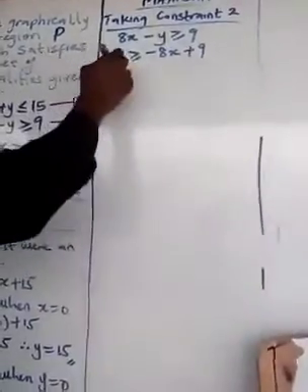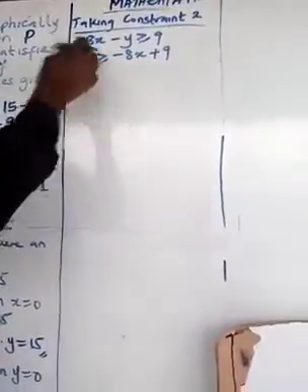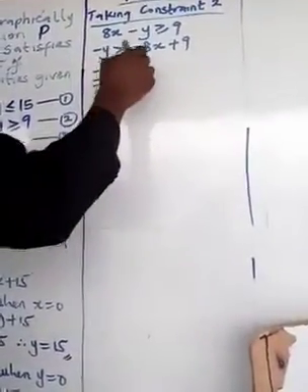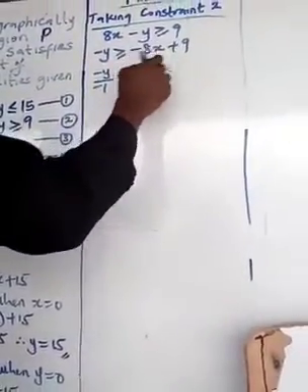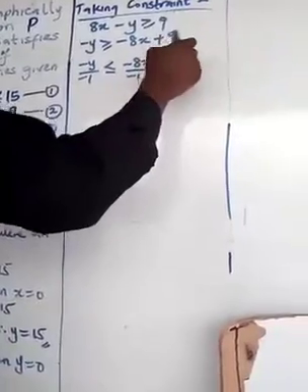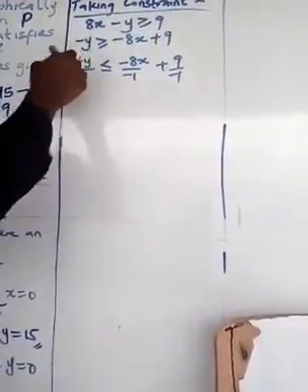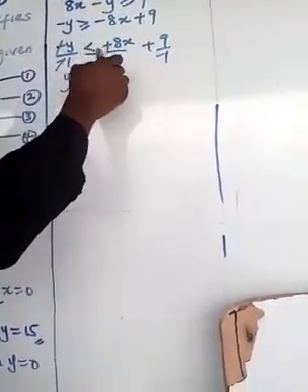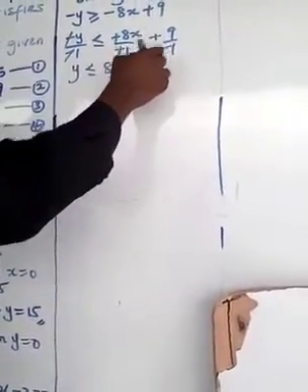So if we divide both sides by this negative number, the inequality sign will change from greater than or equals to less than or equals to. So minus cancels minus. We have 8x. Plus over minus, that's minus.